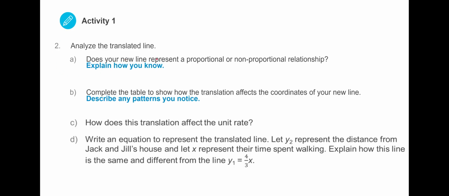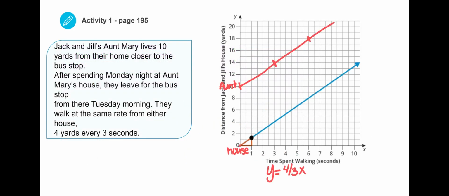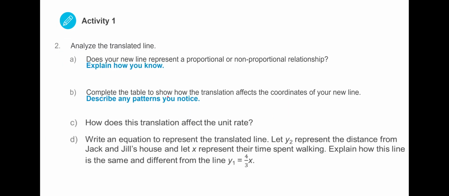So does your new line represent a proportional or a non-proportional relationship? Well, if we look at our new line here, this line would not be proportional because we're not going through the origin. So we're going to say, no, it doesn't pass through the origin.